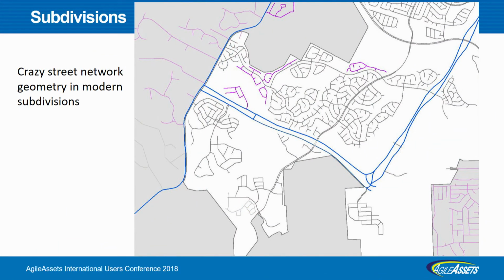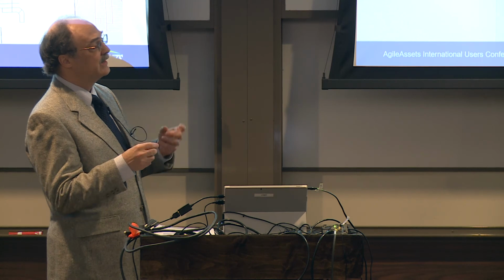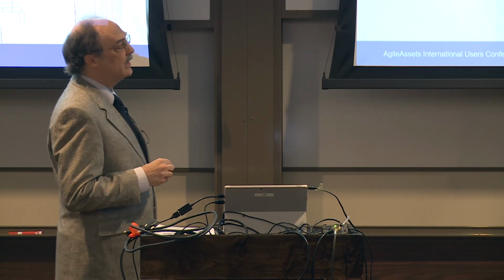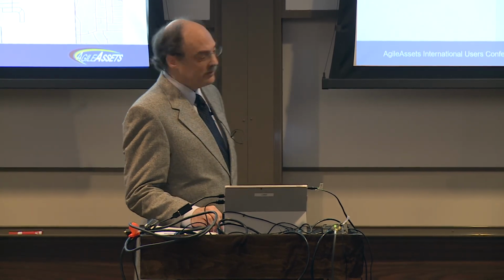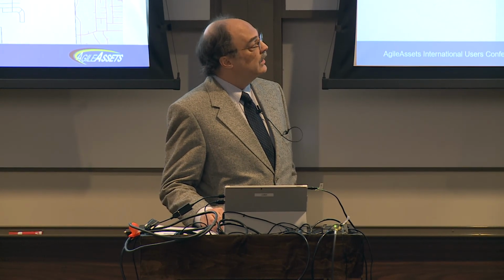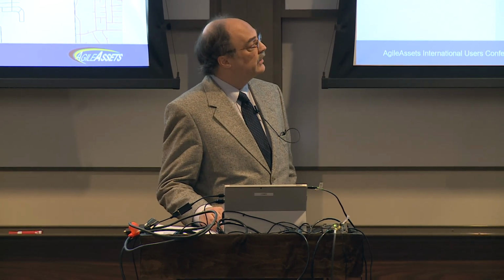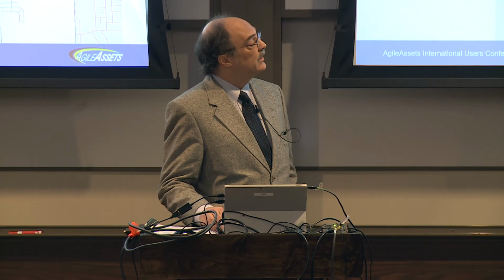Here's an example of some of the crazy network geometry you get with modern subdivisions: lots of cul-de-sacs, dense packed roadways, lots of little short segments. It's obviously a very different network than a highway network or a county primary farm to market kind of system. That's what a lot of our roadways look like, and we have to figure out how to make sense of the pavement management results we get from that.